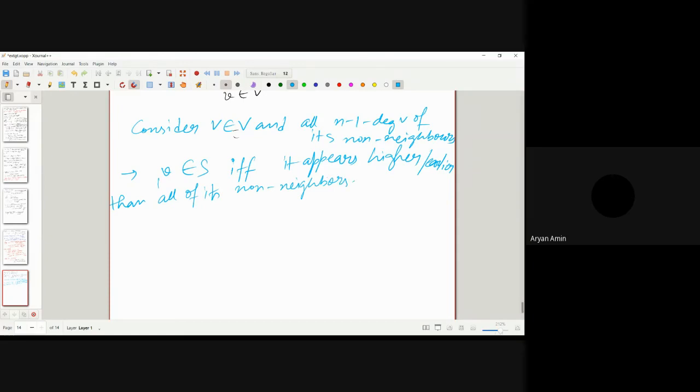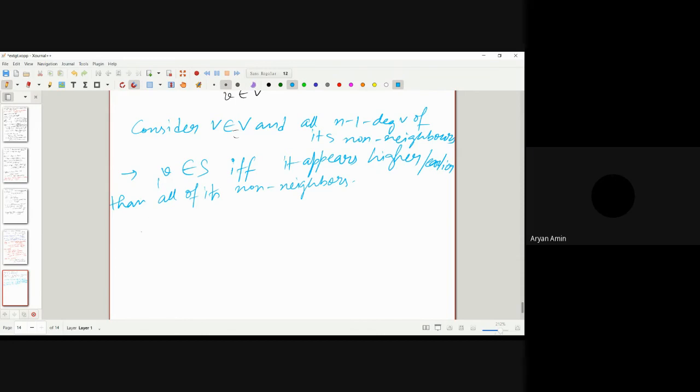If it is sniped by a non-neighbor, then when we execute the algorithm on that non-neighbor, it will kill v. Suppose v comes after a non-neighbor of its, call that x. So v and x is not an edge and x comes before v. Then when you are running the algorithm on x, you are going to kill all non-neighbors of x, which is going to include v as well.